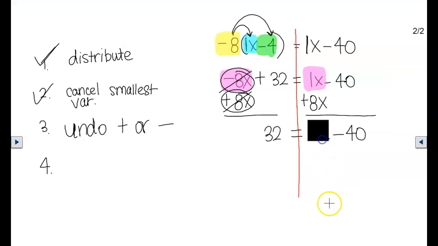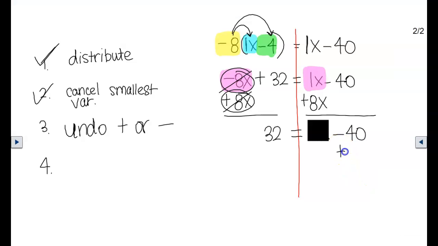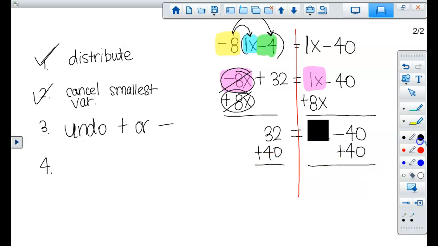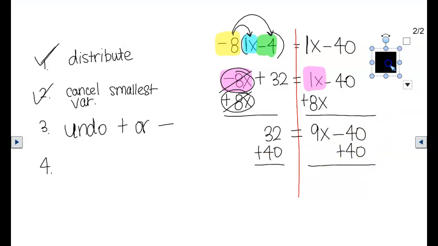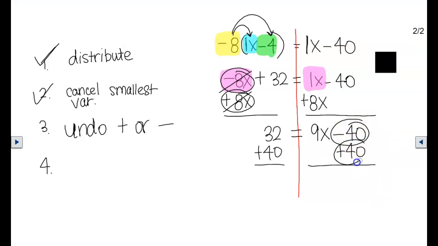I'm going to cover my 9x. I see subtracting 40. So I'm going to undo that with the opposite, adding 40. Subtracting 40, adding 40, cancel. So I have 32 plus 40 is 72, and that's equal to 9x.